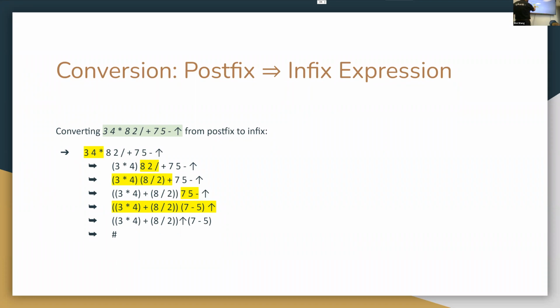Then you find this, you convert that, and then you find this, you convert that, and in the end we get the same result in infix notation. After we got to this point, we can eliminate some of these parentheses, because again, there are precedence rules that help in that regard.